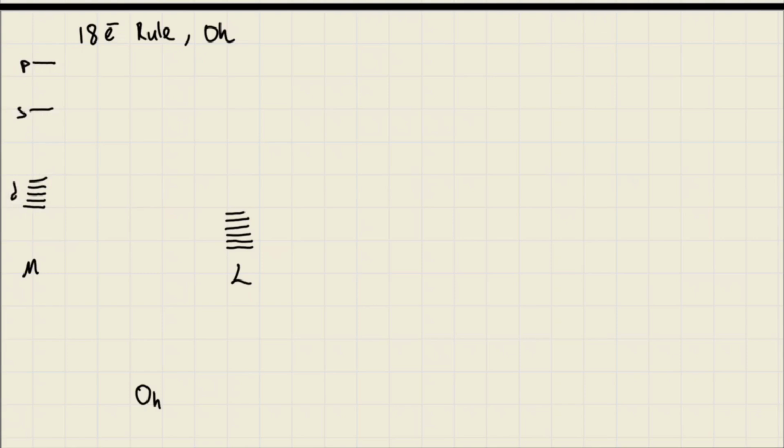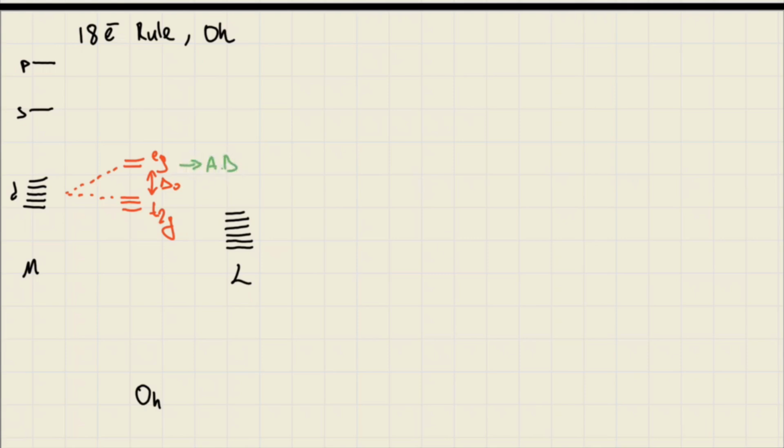And these orbitals split, and this causes an octahedral splitting. So this is the octahedral splitting. And we have T2G orbitals here and we have EG orbitals here. So these are the anti-bonding orbitals.